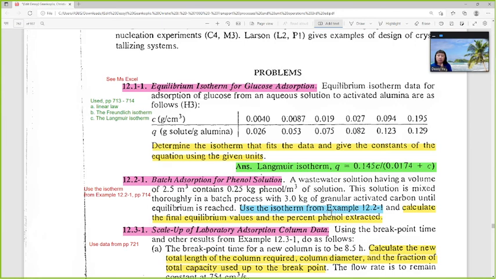Okay, maybe this is my discussion about the adsorption process, batch adsorption, for today.